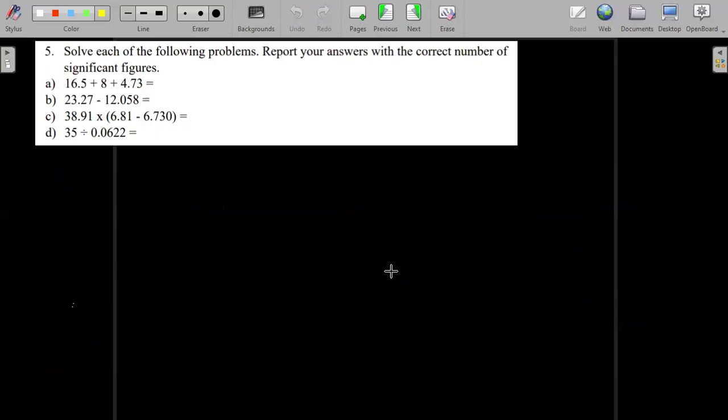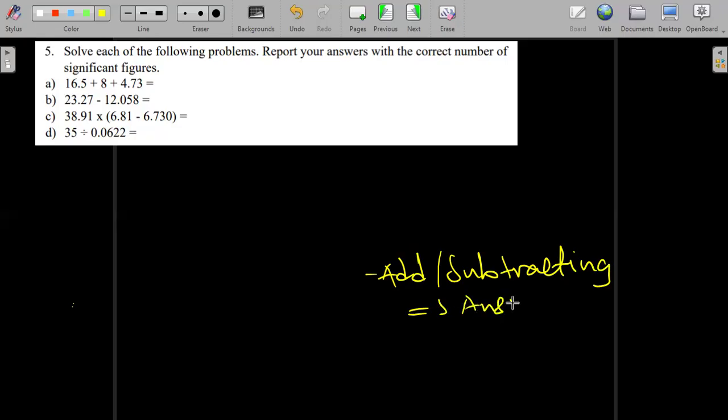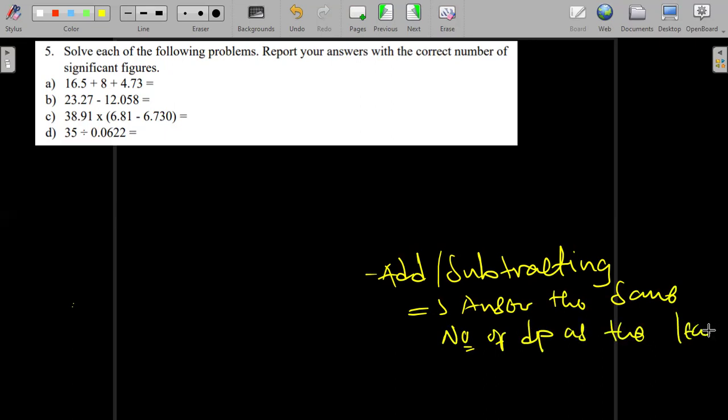When you are adding or subtracting 2 numbers that have a different number of significant figures, your answer should have the same number of decimal places as the least number there.